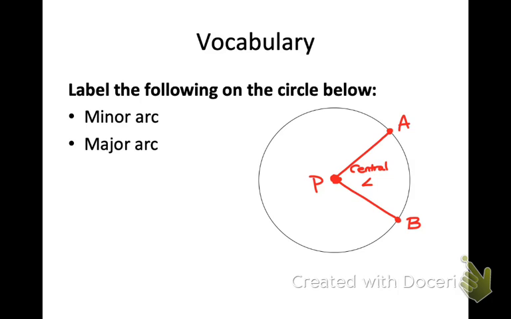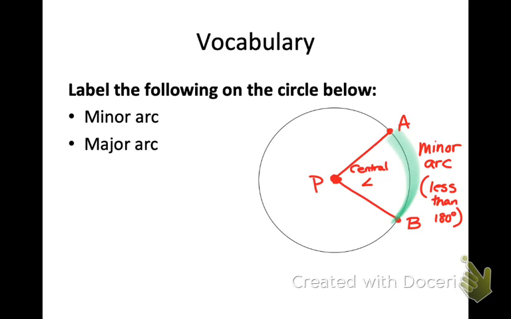Now, does everybody see the two arcs that now are created? I've got the arc that's inside or in between A and B, which I'm going to highlight here in green. And that is what we call the minor arc. And the reason why it's a minor arc is because it is less than 180 degrees.